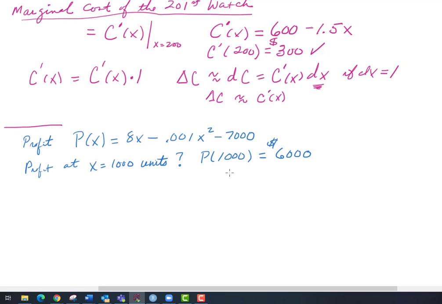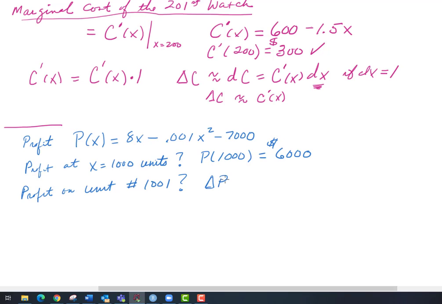And so if we're producing 1,000 units, then the profit when we unload those 1,000 units, according to this profit function, would be $6,000. What's the profit on unit number 1001? Is it worth adding another unit? What would the profit on that 1,001st unit be?